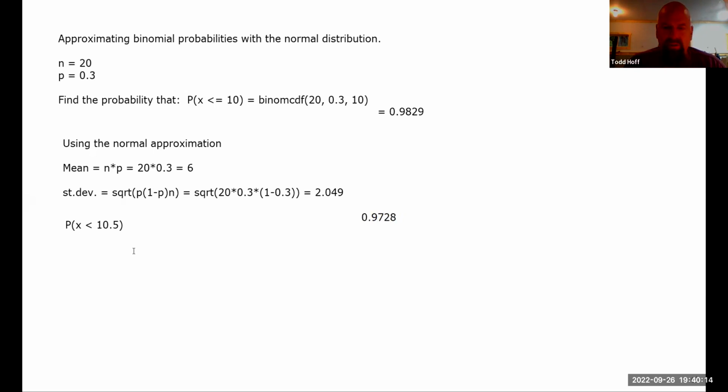The last thing I want to talk about is assessing normality. How do you tell if a set of data is normal? Well, first of all, box plot.